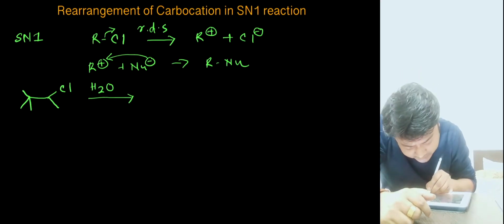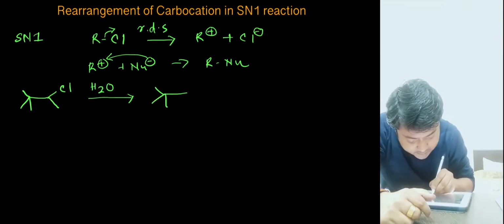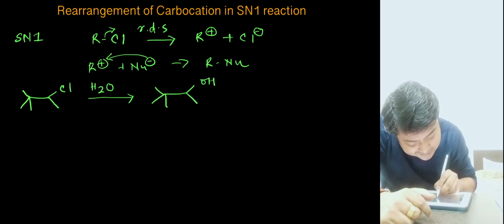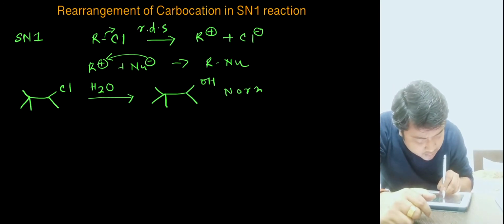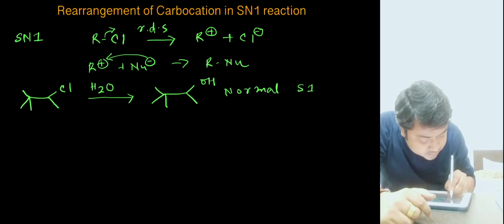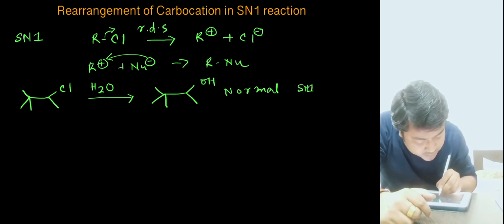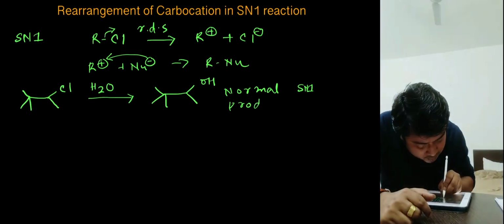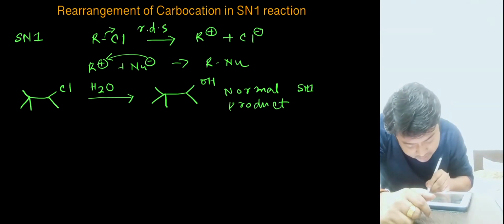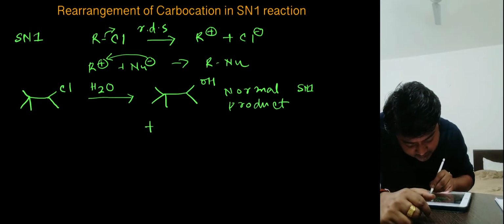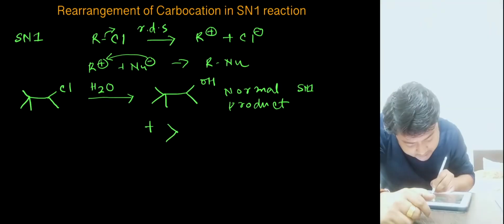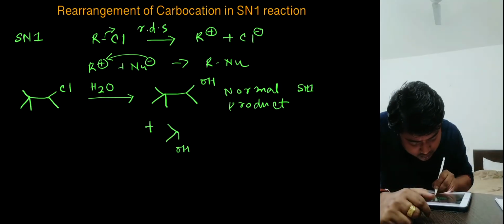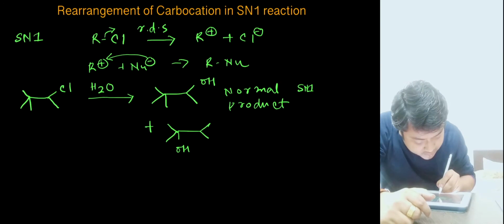Here we should get this product. That means this is the normal SN1 product. But in major quantity we get this product.